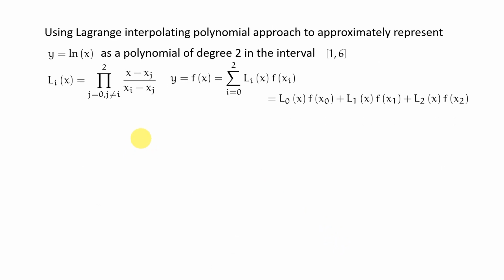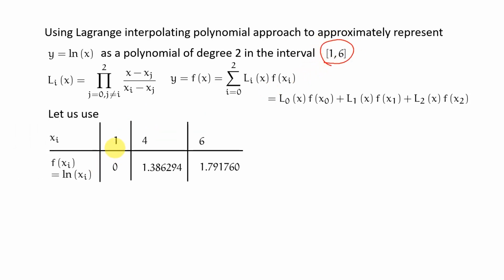Now we have to select 3 data points in the interval [1, 6]. So we take one at xi equals 1, one at xi equals 6, and another in between. I have taken x equal to 4; slightly this side or that side will not matter much, but don't take this intermediate point close to any of the edges, close to 1 or close to 6.